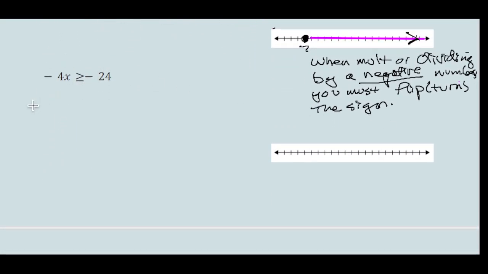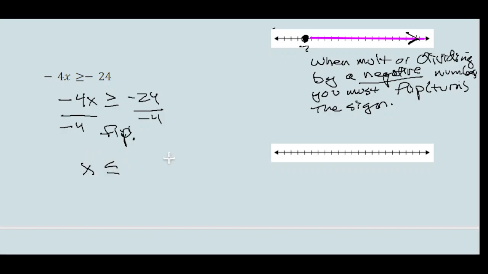Okay, this one, it's going to be kind of the same thing. Right? You have negative 4x is greater than or equal to negative 24. There's nothing to move. This is just a one step. So we're going to divide by our negative 4, and then we're going to remind ourselves, hey, we got to flip, right? Flip the sign. So we're going to get x is less than or equal to 6.